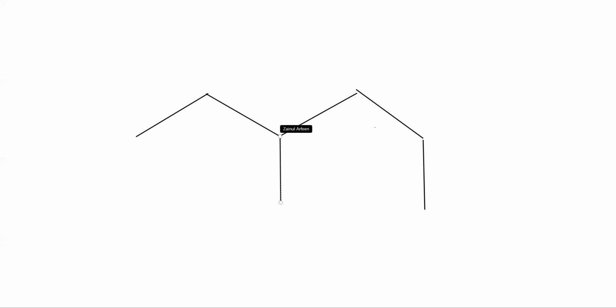The best thing to do is mark the ends, like this is A, B, C. When I count from A to B, how many are there? 1, 2, 3, 4. From A to B, there are 4 carbon atoms, because first I have to select the longest chain. From B to C, 1, 2, 3, 4, 5. From A to C, 1, 2, 3, 4, 5, 6.